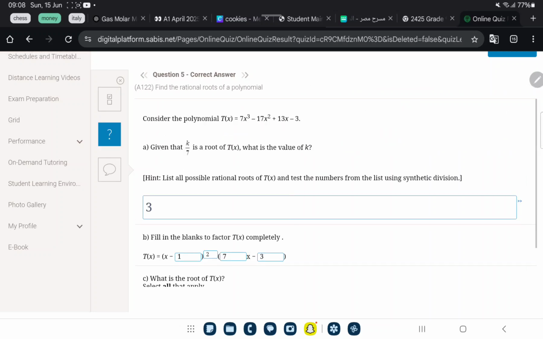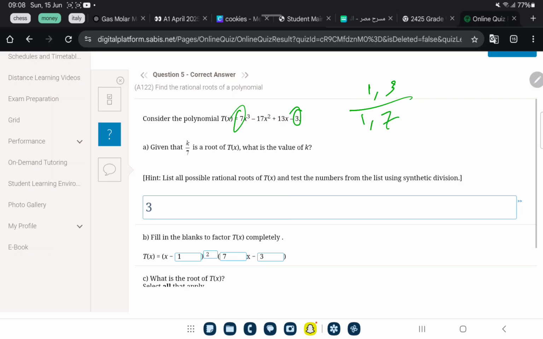Consider the polynomial t. Given that k over 7 is a root of t of x, what is the value of k? So again, we're going to do the factors of the constant over the factors of the leading coefficient. So factors of the constant are 1 and 3. Factors of the leading coefficient are 1 and 7.